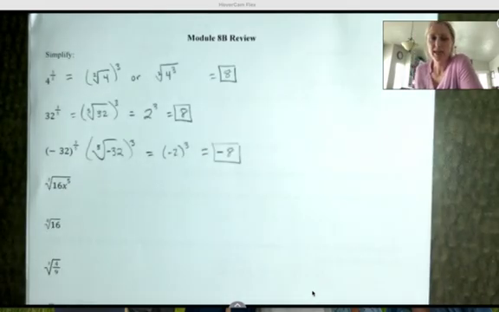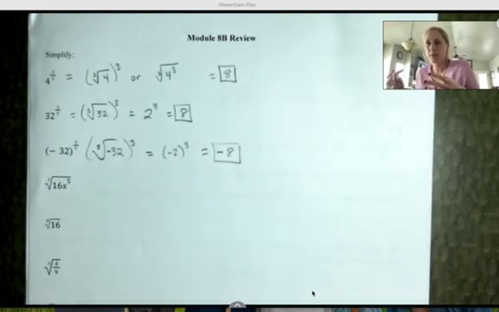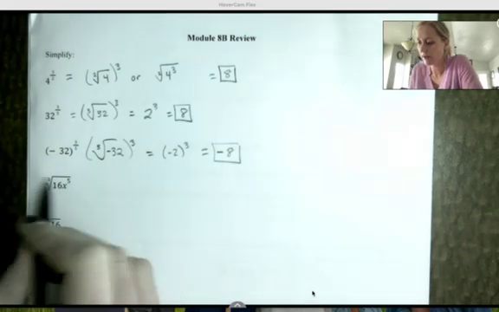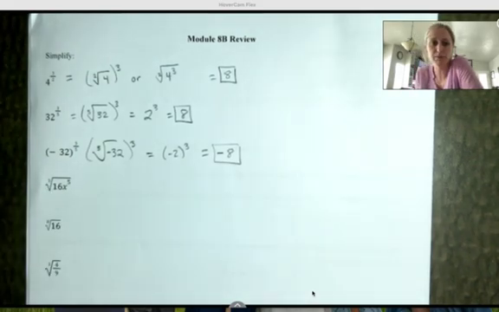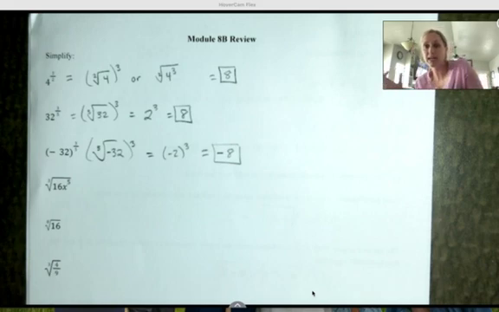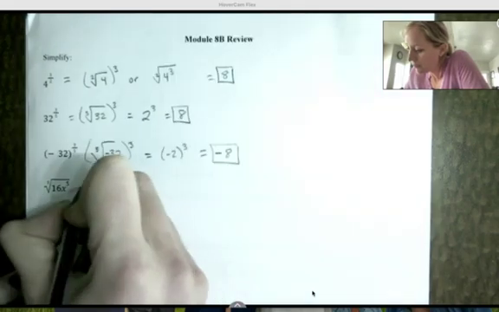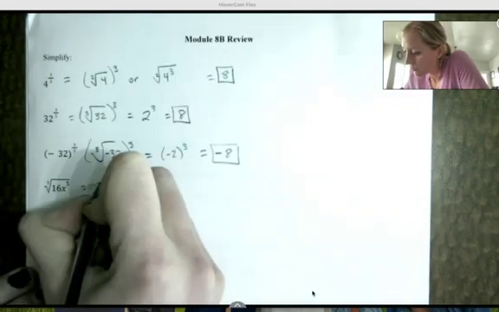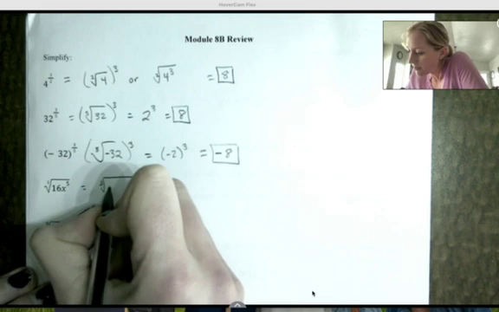Okay, when I can, I want to pull out perfect factors. So I want to see, can I rewrite things to the third power? Anything to the third power, I could then take the cube root of and pull out front. So this is the same as the cube root of 8 times 2.